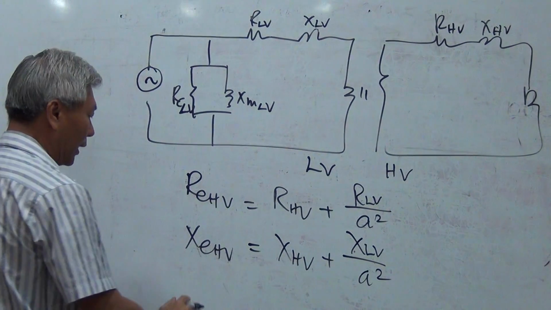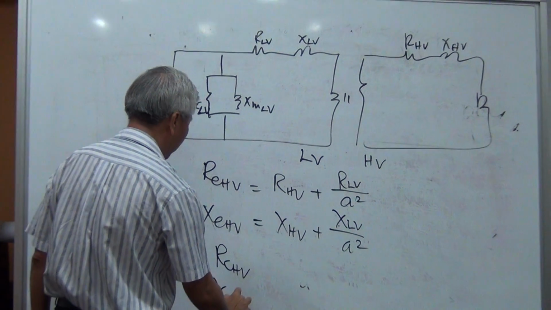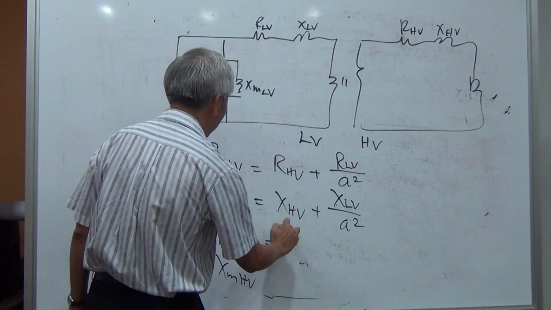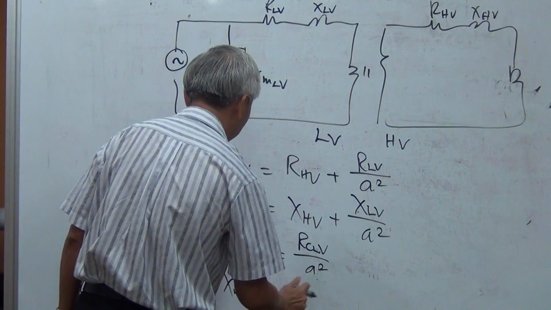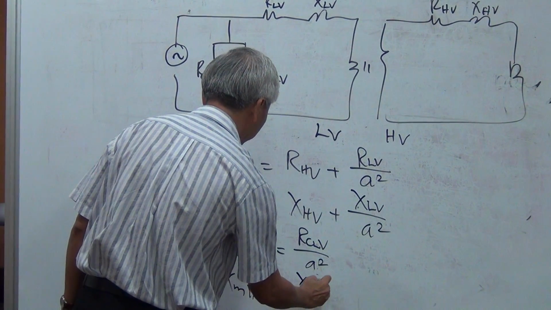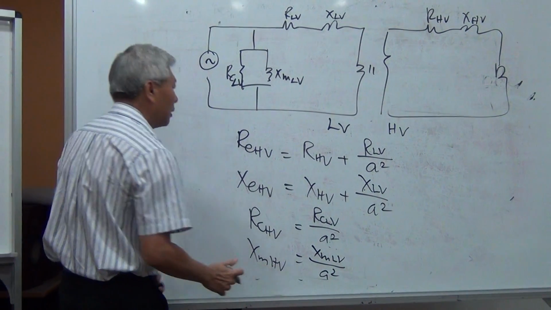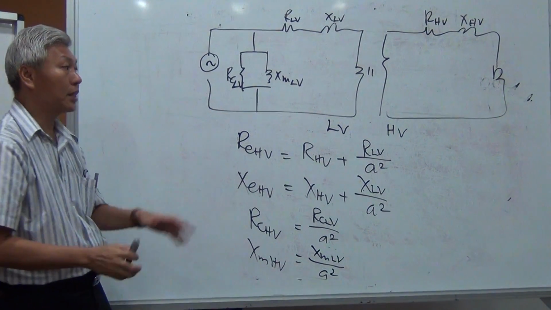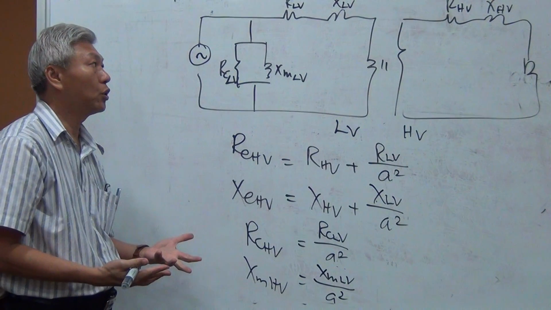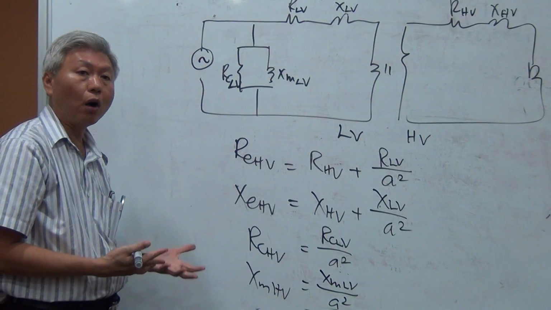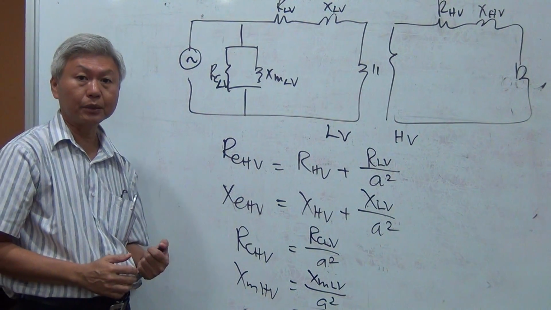I also have to refer them, and that is called RCHV and XMHV. That will be equal to RCLV divided by A squared, and XMLV divided by A squared. Okay? What I just illustrated to you was just the way we named them. Instead of using 1 and 2, we can also use the LV, low voltage, or high voltage notation. Right? And that is called referring parameters.